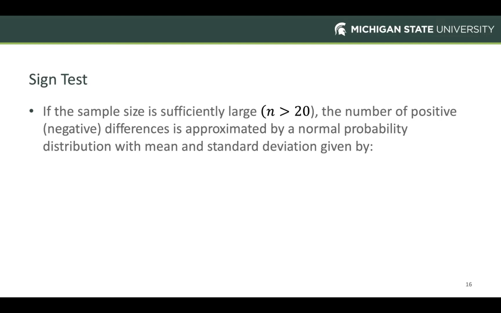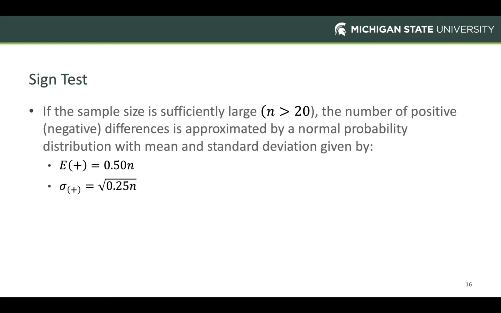And this should hopefully be obvious. If we have a sample of any size and the null hypothesis is true, we would expect half of those observations to be plus and half to be minus, which is where we arrive at this estimate of the mean. And then the standard deviation of that quantity is just going to be the square root of 0.25 times n.